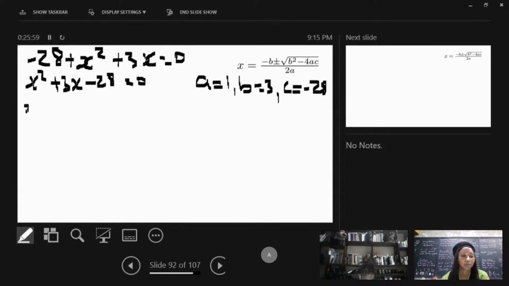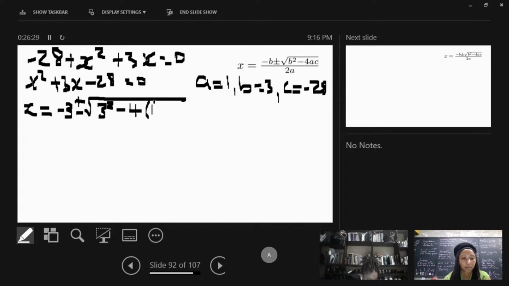So x is equal to negative B, so x is negative 3, plus or minus the square root of 3 squared minus 4 times 1 times negative 28, over 2 times 1.